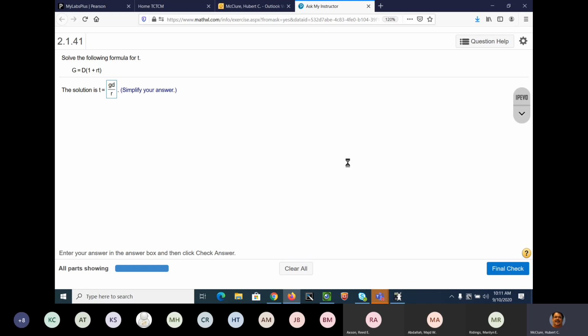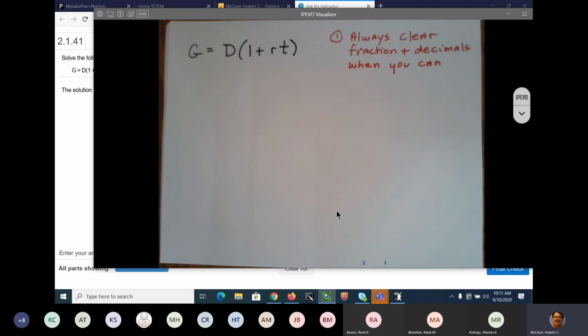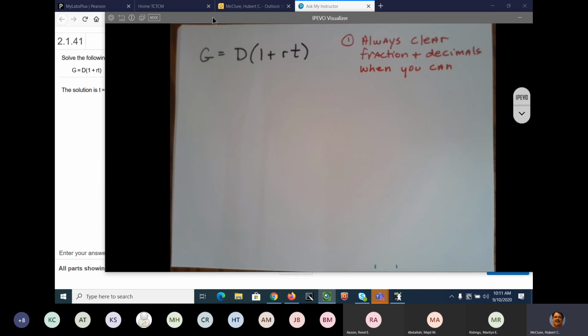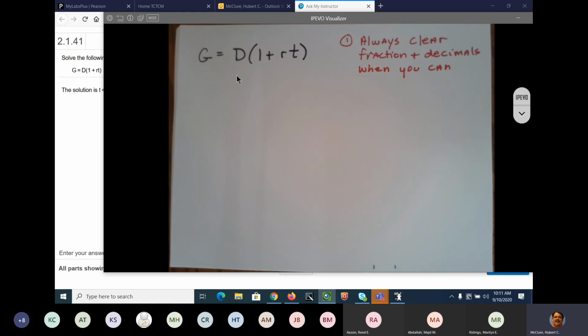Number 1, always clear fractions and decimals when you can. Always clear fractions or decimals when you can before you get started. I'll give you an example of that in just a second.